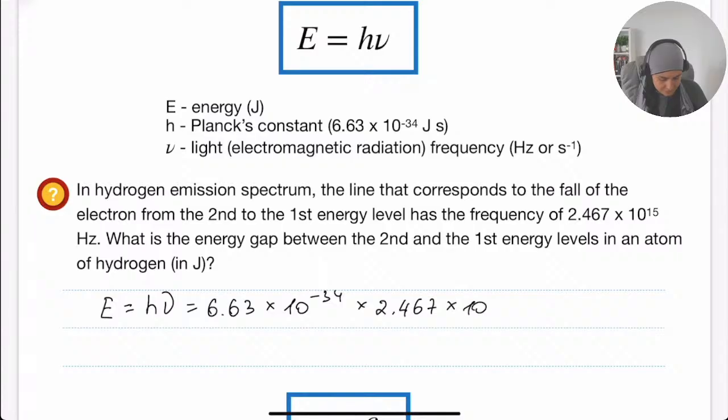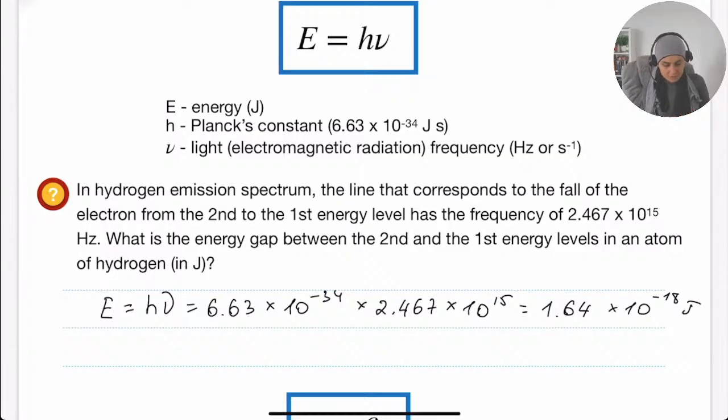2.467 times 10 to the power of 15. Alright, let's see. 6.63 times 10 to the negative 34 times 2.467 times 10 to the power of 15 gives me 1.64 times 10 to the negative 18 joules.